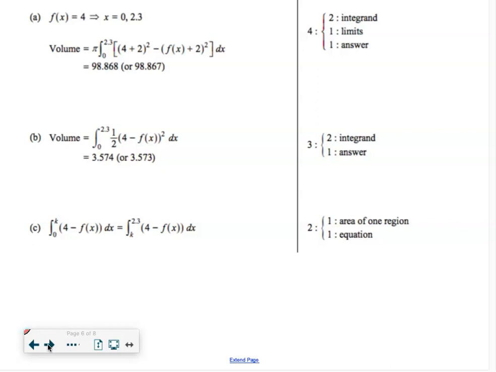Okay, and you left yours in terms of pi, which is okay. You just got to make sure that it's correct to 3 decimals. So if you have 31.47 pi, that gives 98.86.